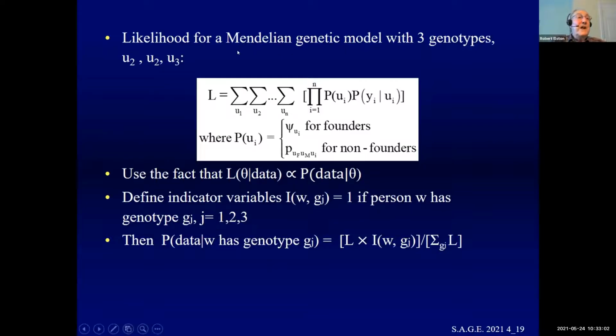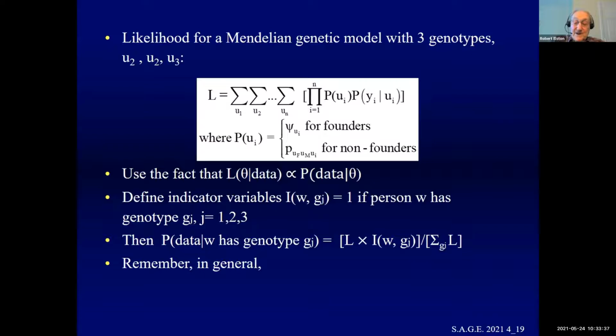What we're doing here is you take all this and you put it in here, but you multiply it by this indicator, so it picks out those with, for individual W, genotype G_j. Then you sum over those for the three genotypes. So you end up, for individual W, with the probability of genotype 1, 2, and 3.